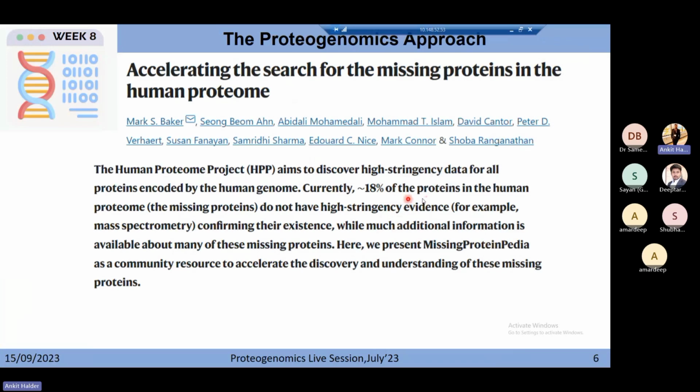Till that time, around 18% of the proteins in the human proteome were missing proteins that do not have high stringency evidence, for example by mass spectrometry, meaning those proteins could not be detected by mass spectrometry. The reasons can be many, such as very low coverage.